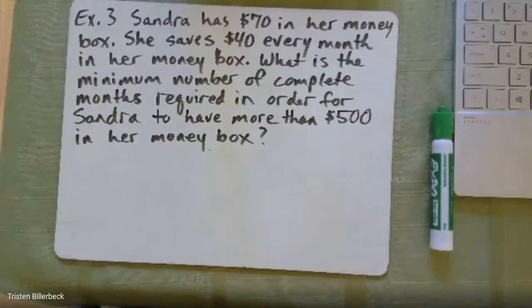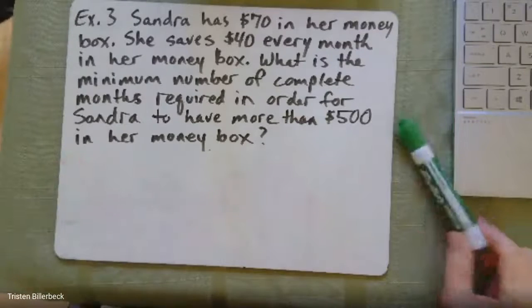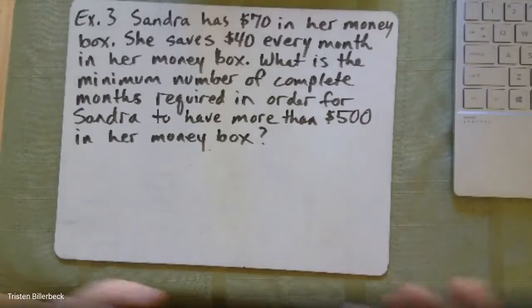Okay, so Sandra has $70 in her money box. She saves $40 every month in her money box. What is the minimum number of complete months required in order for Sandra to have more than $500 in her money box?